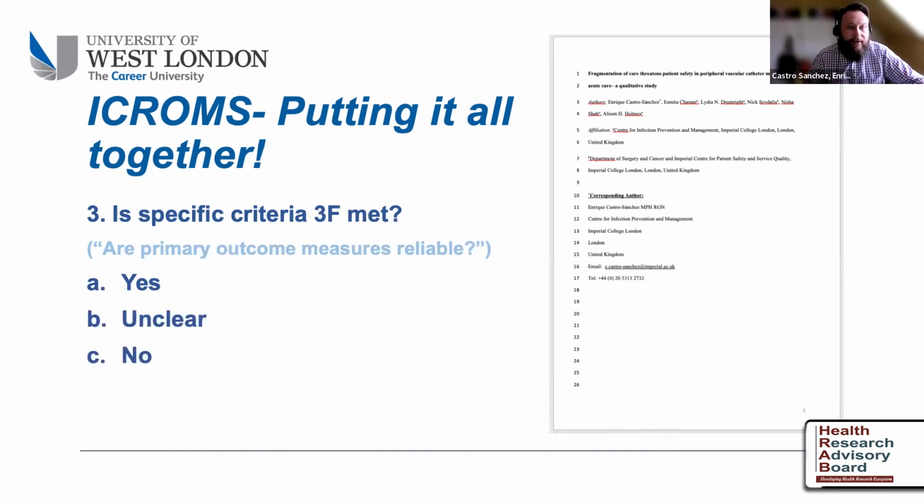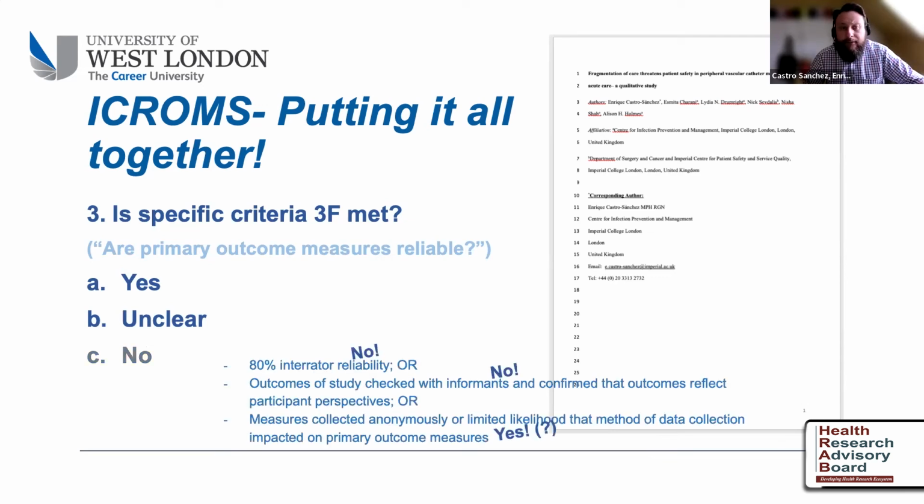Specific criteria 3F, are the primary outcome measures reliable? And in this case, the paper is either unclear or a yes, depending on the person evaluating. So you may give 2 points or 1 point for this section, or maybe not even a point. And you can see how the paper does not report at all on reliability, which, I would admit, is a bit weird.